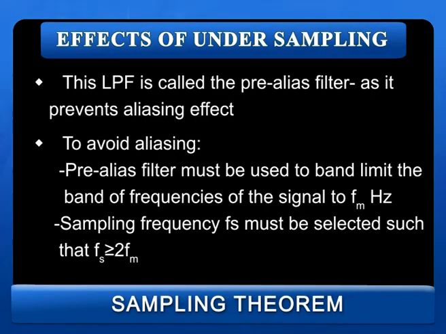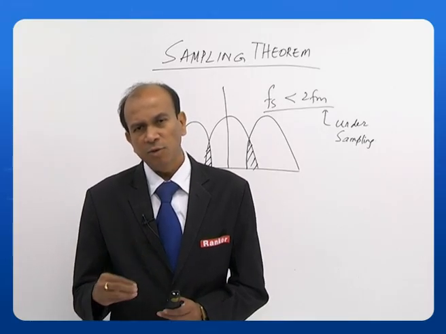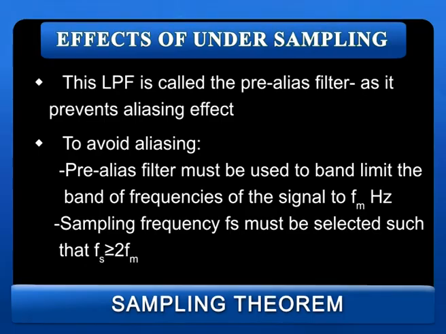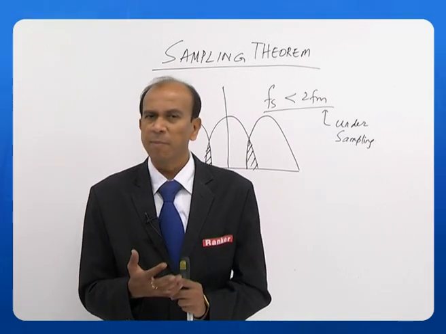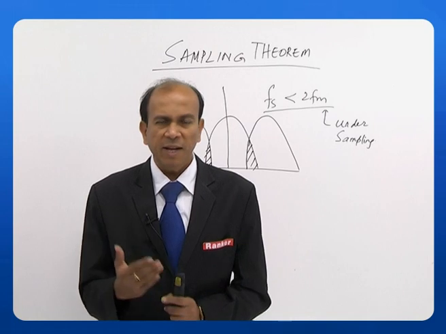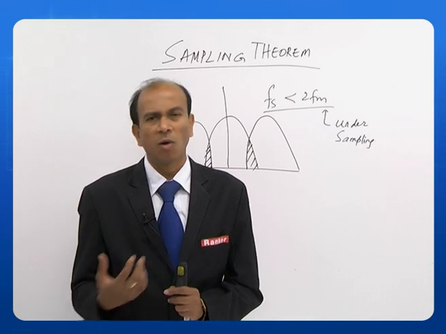To avoid aliasing, what do I have to do? First of all, a pre-alias filter must be used to band limit the frequencies of the signal to FM hertz. In spite of the various frequency terms we have, when I use a pre-alias filter, I am band limiting the frequency terms to FM. Second, the sampling frequency Fs must be selected such that Fs is greater than or equal to 2FM. The pre-alias filter helps us in finding the maximum frequency of the given signal, or rather limiting it.